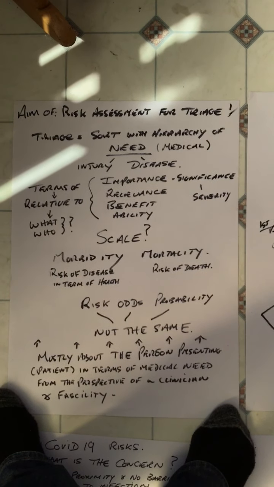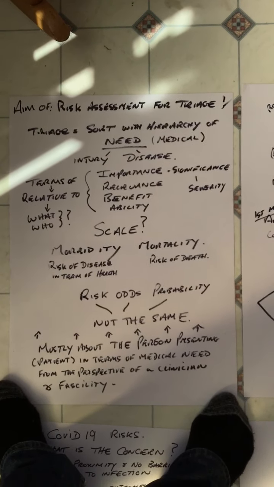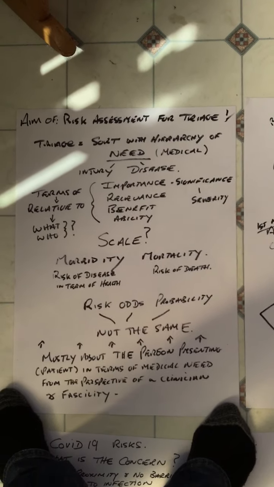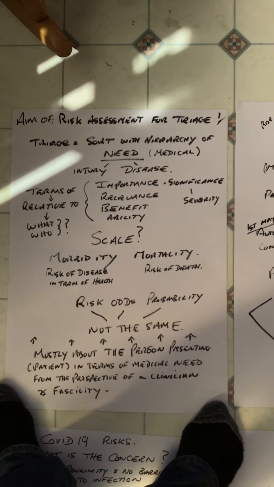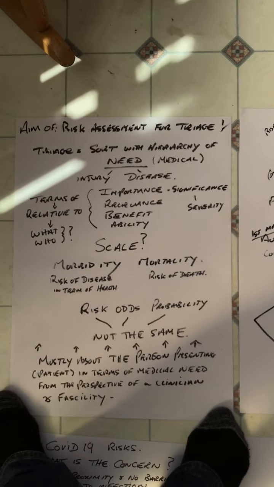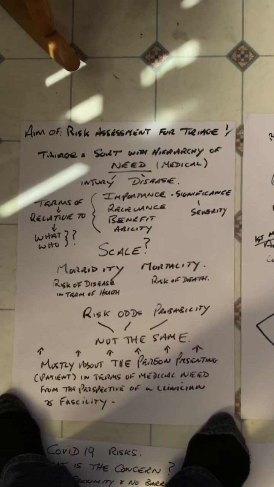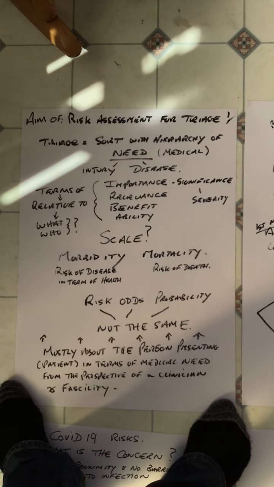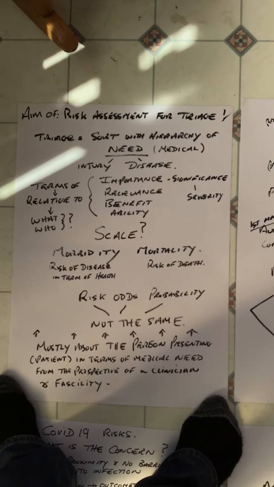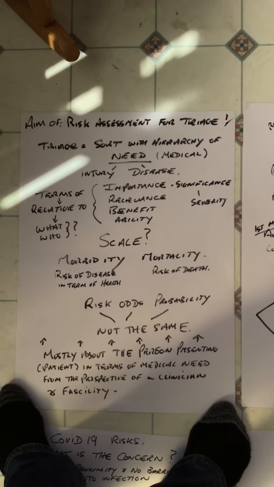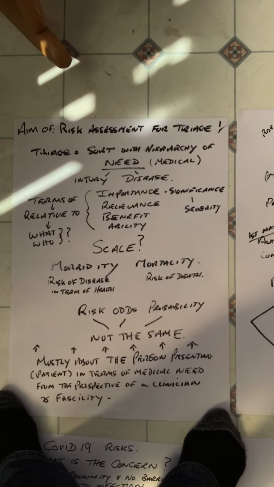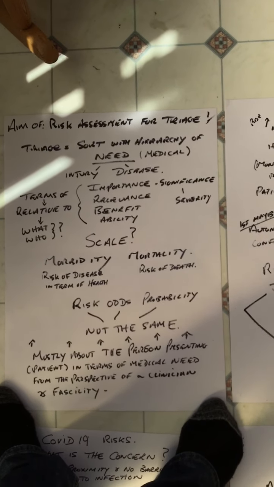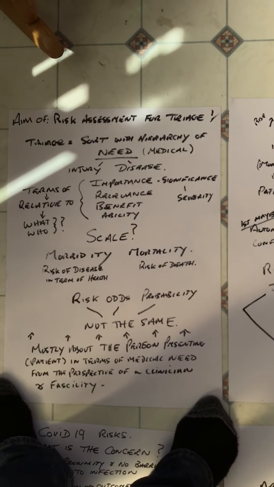So the aim of the assessment is for triage, and the triage sorts into some sort of hierarchy of need, of injury and disease, and within that we look at their importance, their relevance, their benefit and the ability to treat. And we put that on some sort of scale of morbidity and mortality, like what's the risk of that disease causing health problems and what's the risk of it causing death.